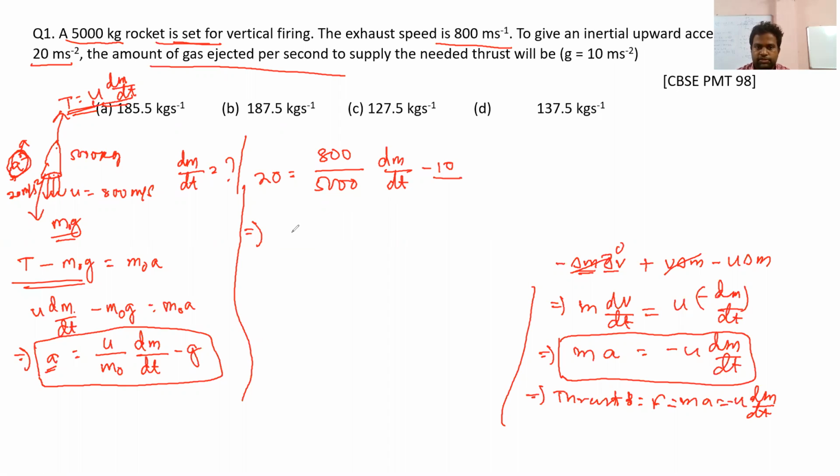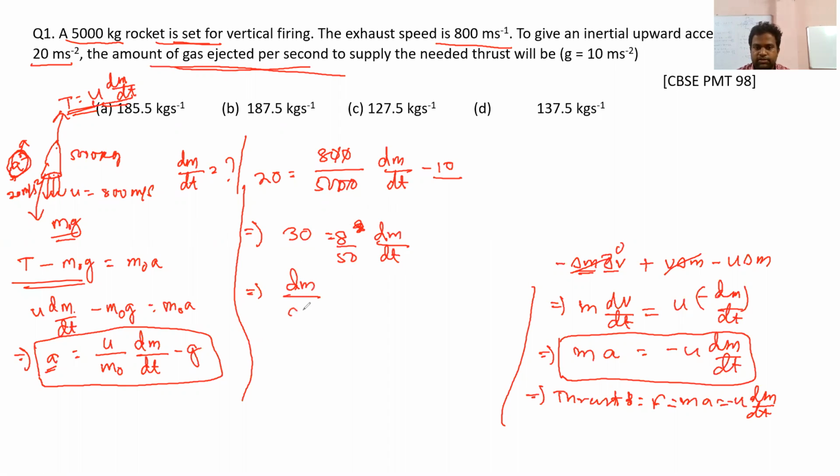Now you can find out dm by dt. Bring 10 to the left side. 30 is equal to, cutting zeros, 8 by 50 dm by dt. dm by dt is the amount of gas ejected per second.